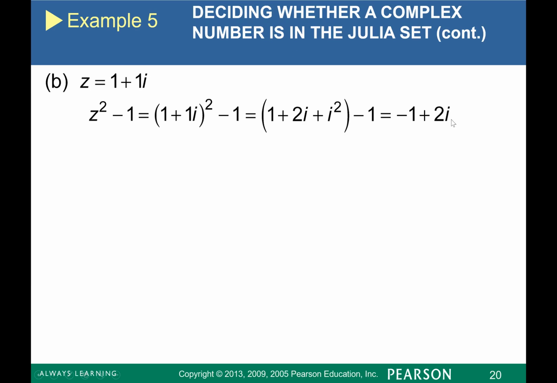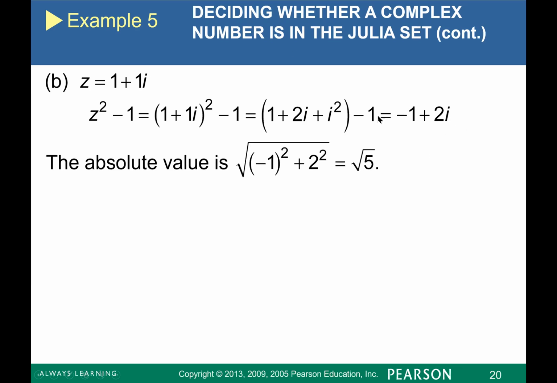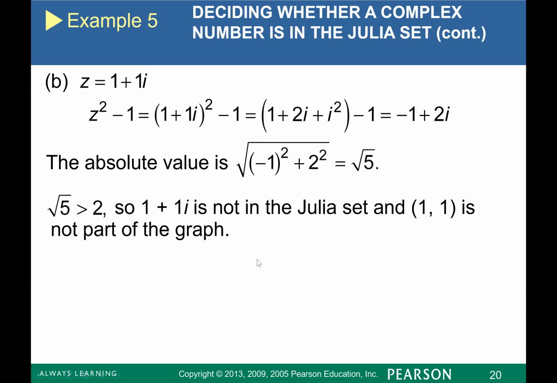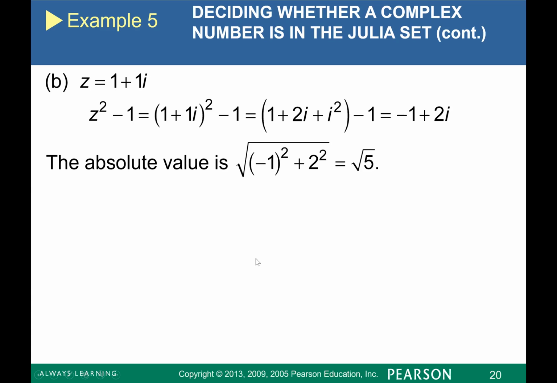And now we're going to put this in, -1 + 2i. Oh, I forgot to tell the absolute value, the square root of 5. I just got that by taking 1 squared plus 2 squared, which is 5, and then taking the square root of that. Why did they do it there and not at the beginning with the 1 + 1i? Well, you have to plug it in first and then find it.